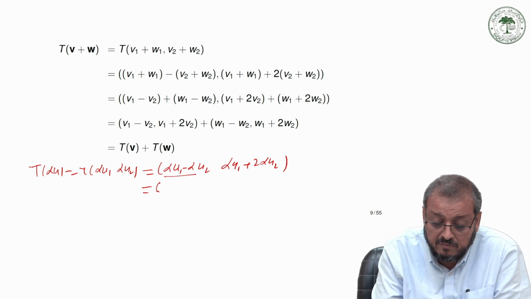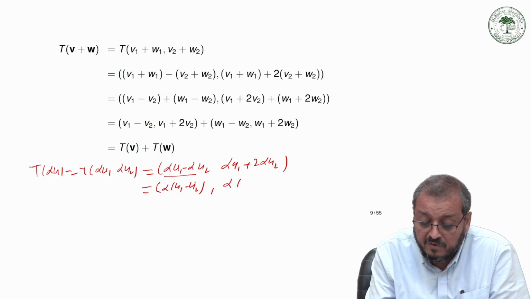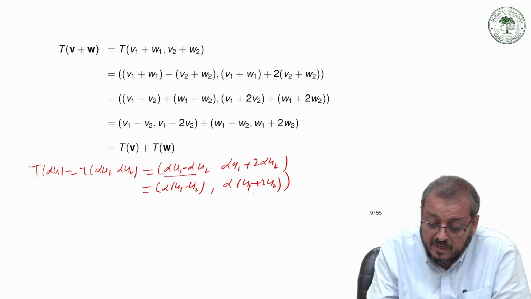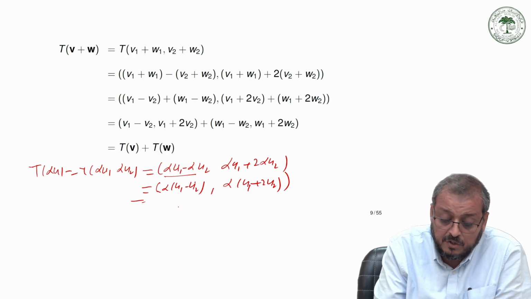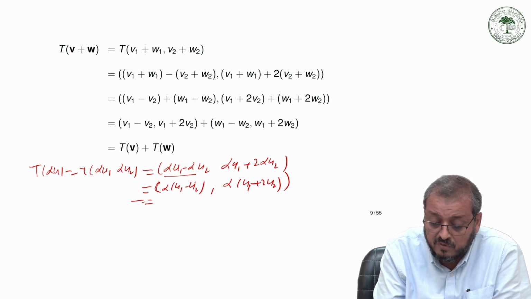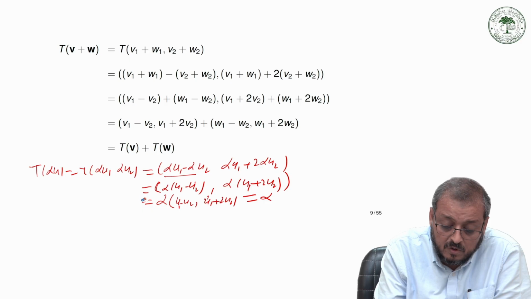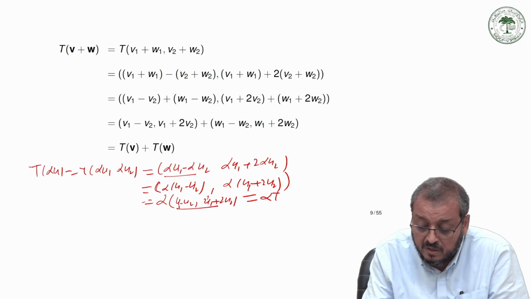This can be written in the form of alpha times (u1 minus u2), and by the distributive property alpha times (u1 plus 2 times u2), and again by the definition of scalar multiplication, this is nothing but equal to alpha times T of u.